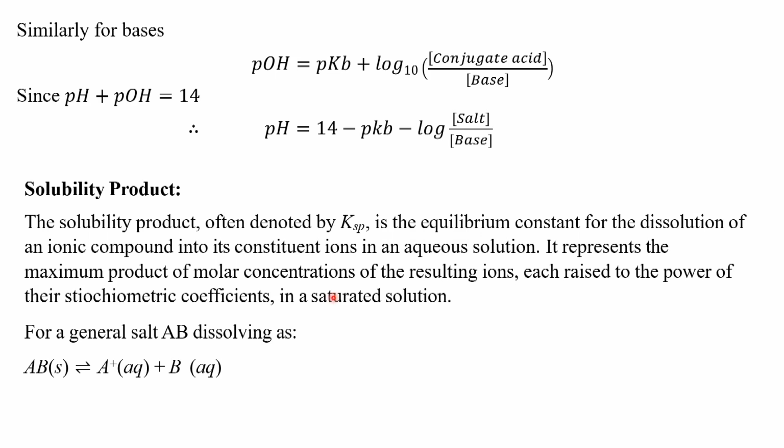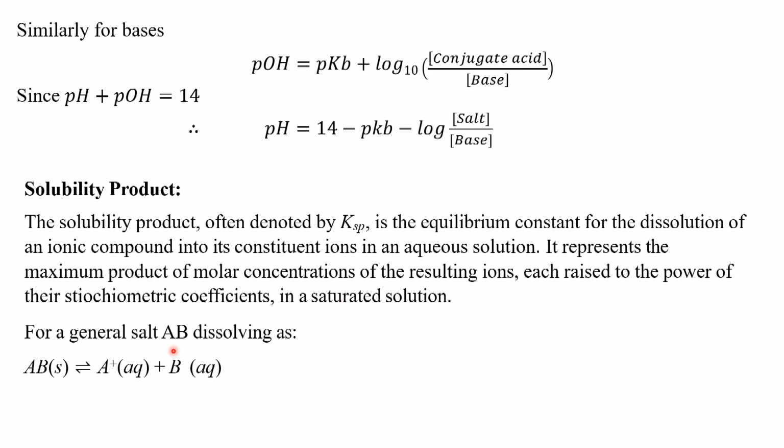Then we discuss solubility product. The solubility product, often denoted by Ksp, is the equilibrium constant for the dissolution of an ionic compound into its constituent ions in an aqueous solution. It represents the maximum product of molar concentrations of the resulting ions, each raised to the power of their stoichiometric coefficients in a saturated solution.